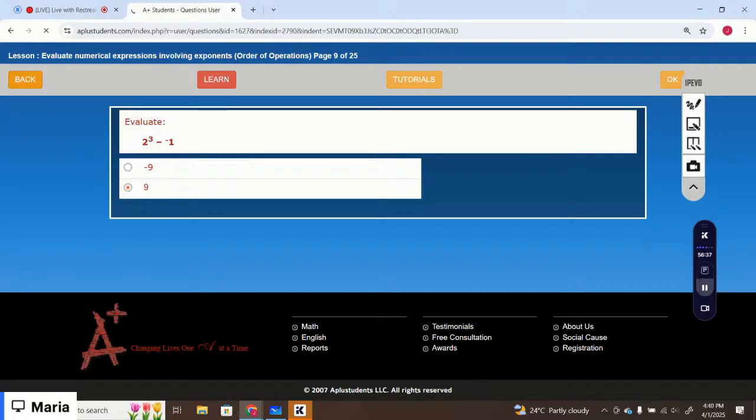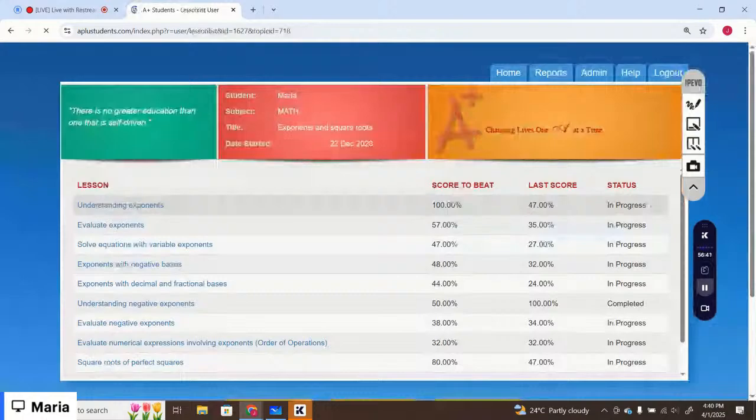Okay, you can complete the lesson by yourself later today. So we will begin grade math. The chapter we will be working on is exponents and square roots.